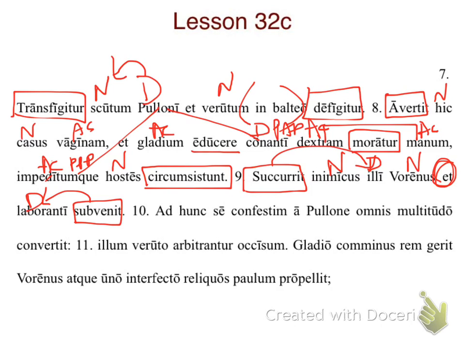Okay, so the rival Varenus does what? Runs under? Can you say like ventures out to him?